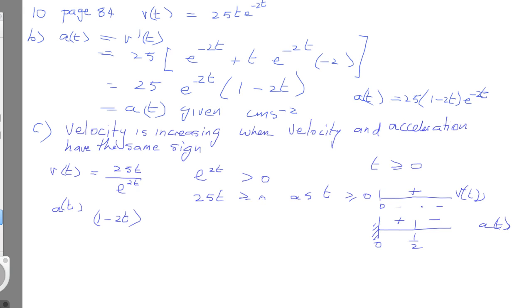Therefore, the speed is increasing, or velocity is increasing, for the values of t where 0 is less than or equal to t, and t is less than or equal to a half.